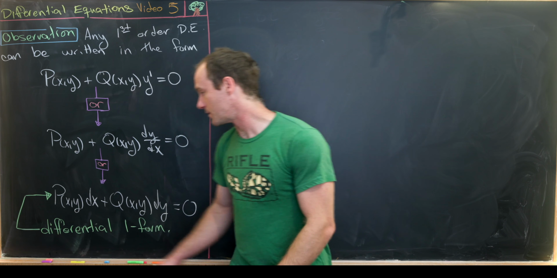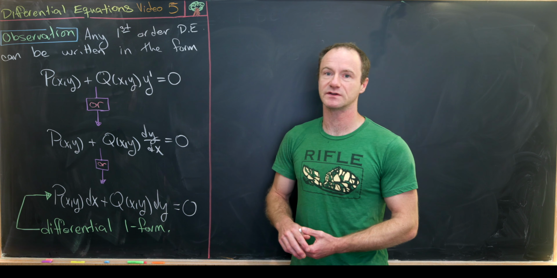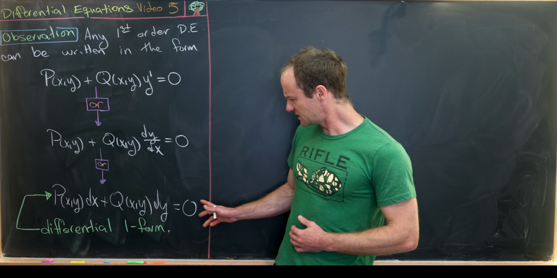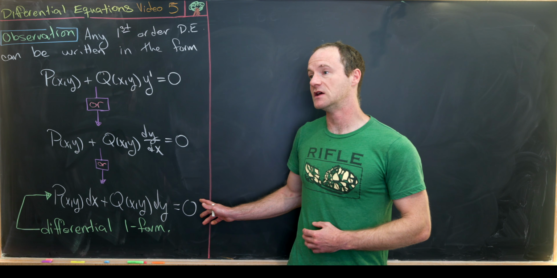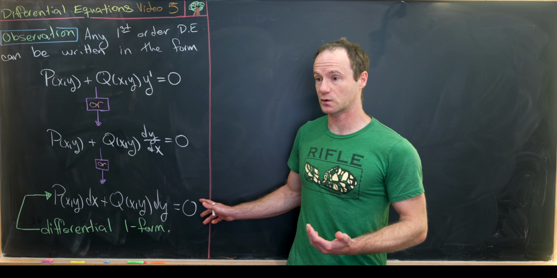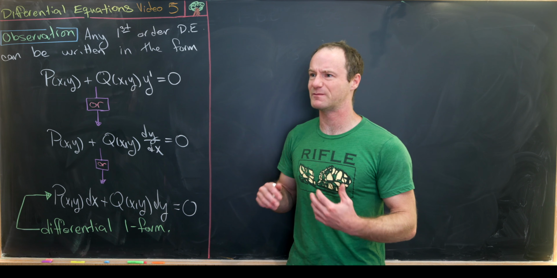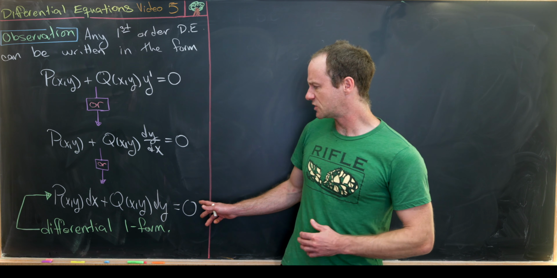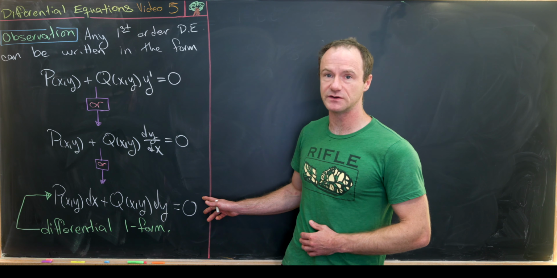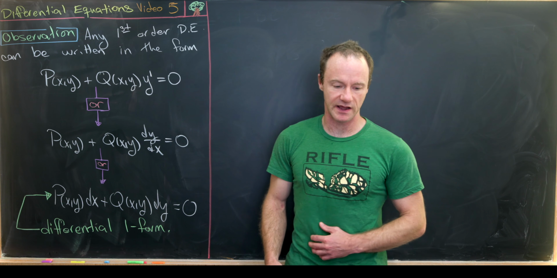And now we have P of x, y dx plus Q of x, y dy equals 0. So this is the way that these kinds of problems are commonly written in a differential equations course. But I find that a little bit strange because generally the background is not really there to use this notation. So you can really just look at this notation as a different version of one of these if you'd like.